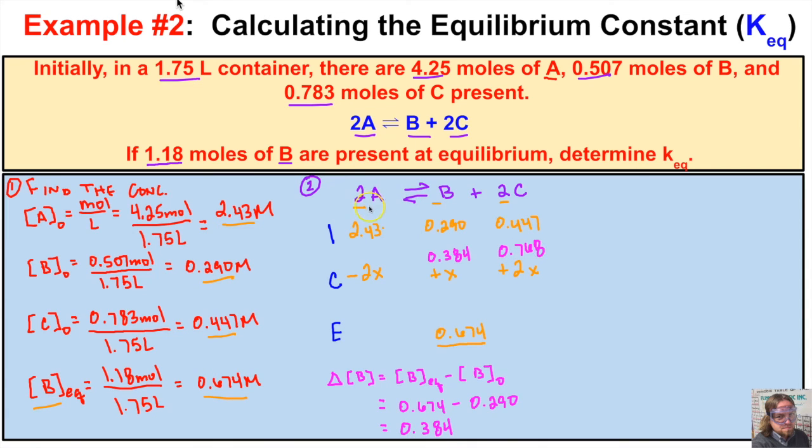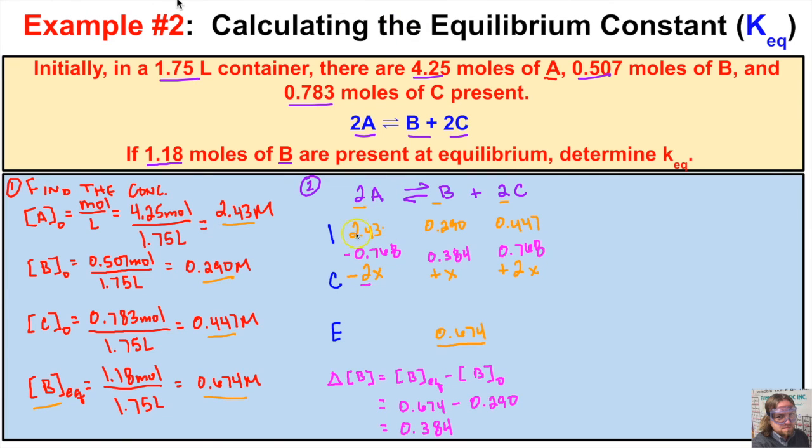And the concentration of A is going to decrease as reactants turn into products by a factor of 2 times X, which is equal to negative 0.768. And so now that we know these changes here, we can figure out the equilibrium concentration of A and the equilibrium concentration of C.